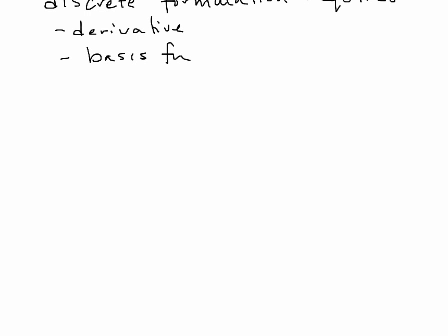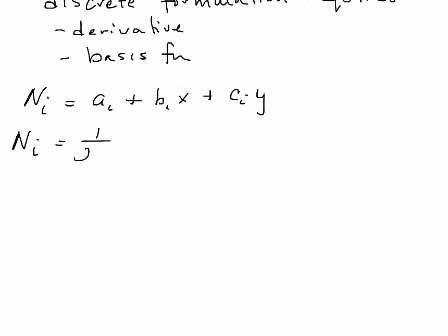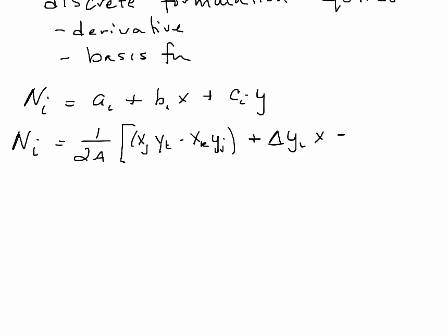So starting with the fact that we have ni, we've defined it as ai plus bix plus ciy, and that we now know that that is also equal to 1 over 2a times xjyk minus xkyj plus delta yix minus delta xiy.